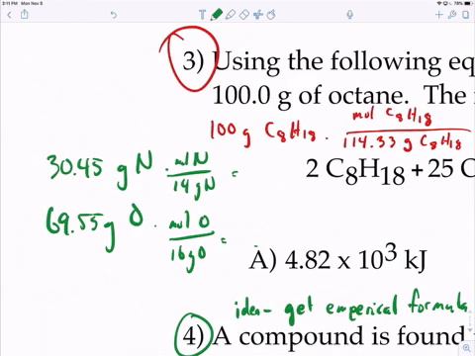This is 2.175, and this is 4.347. So we divide both sides by 2.175, and we get 1 nitrogen to 2 oxygen. So we have an NO2 ratio.